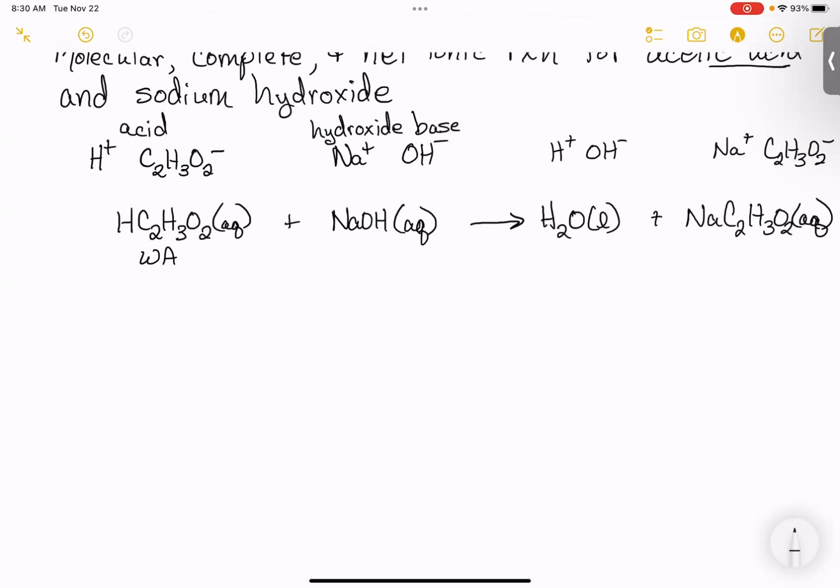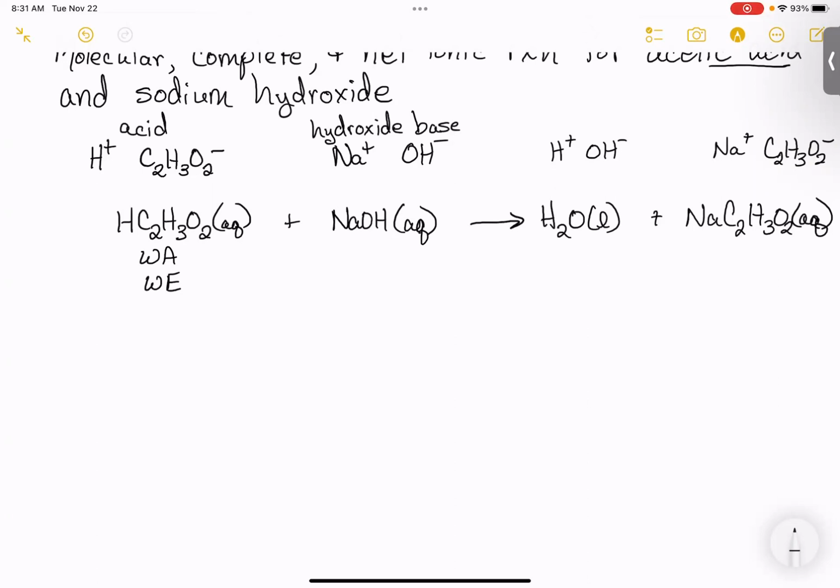So what type of electrolyte is it? It's a weak electrolyte. Because who are your strong electrolytes? Strong acids, strong bases, and soluble ionics. If it's not one of those 3, then it's a weak electrolyte or a non-electrolyte.